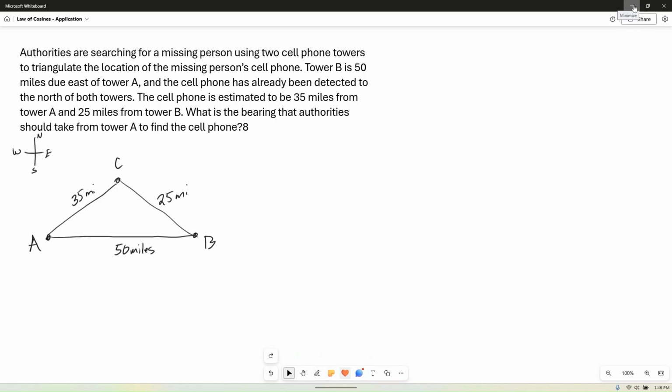If we look at this particular problem, we are given all three sides. Just to verify, we are looking at a side problem, so that's law of cosines.